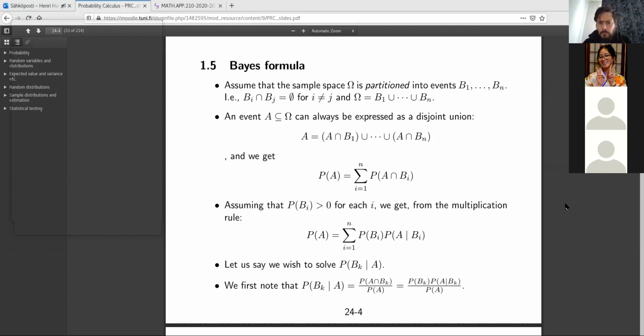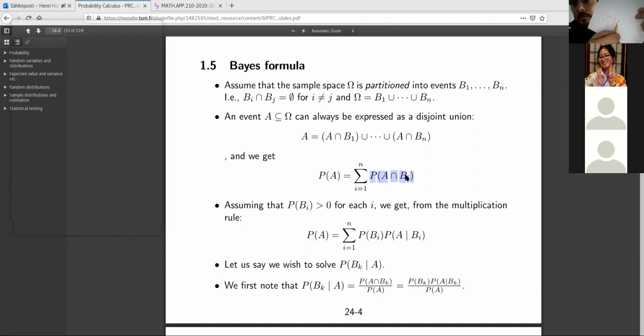So we can express this in terms of conditional probabilities. Obviously the probability of A is the sum of these regions that come from different B's, assuming that each of these B's is non-zero. These are disjoint, because the B's are disjoint.